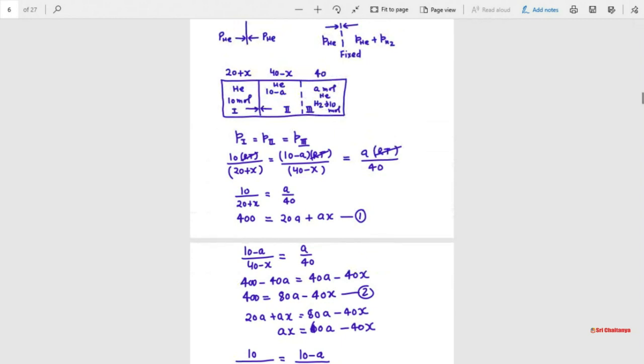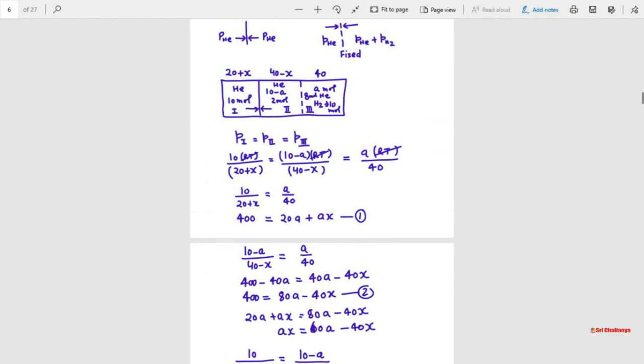So after diffusion, we can say that the value of A is equal to 8. So we can say that 2 moles of helium gas will remain in this container, 8 moles of helium gas will be in this container, and 10 moles of helium gas is present in the first container.